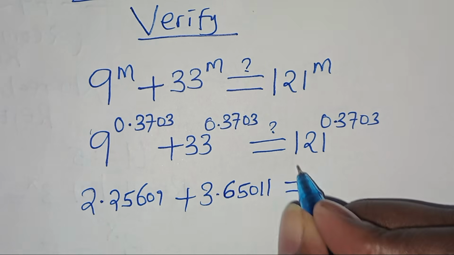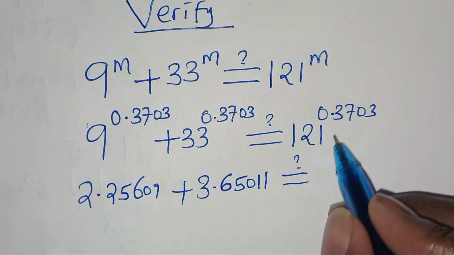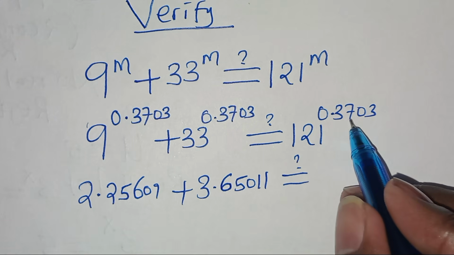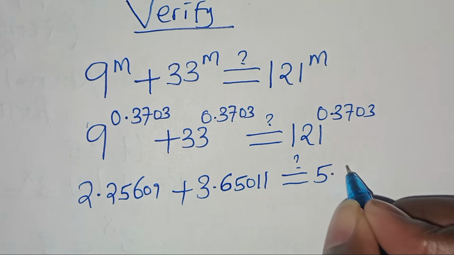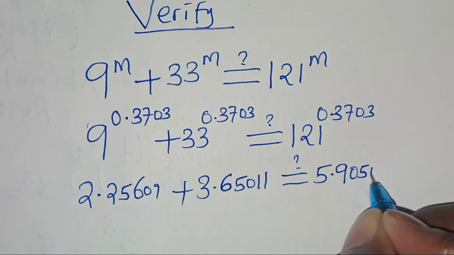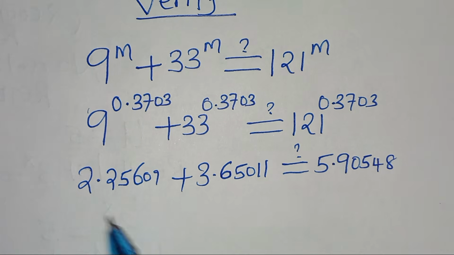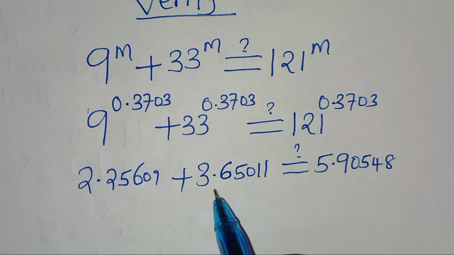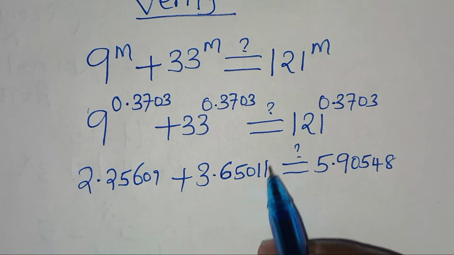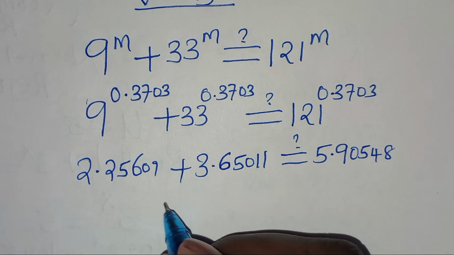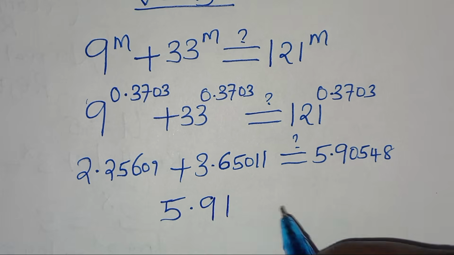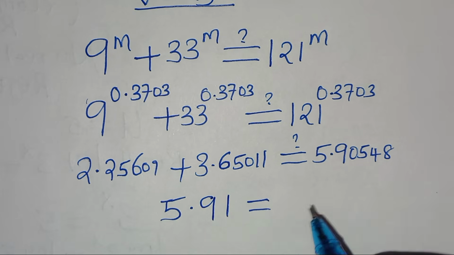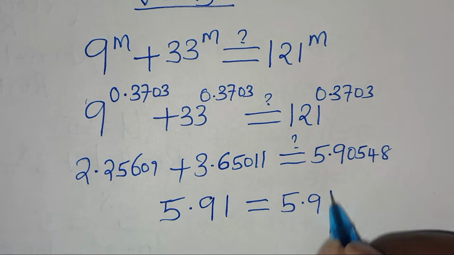And this should give us a value of 121 raised to the power of 0.3703, and this is equal to 5.90548. So 2.25609 plus 3.65011 is the same thing as 5.91 rounded to 2 decimal places, and this is equal to 5.91.